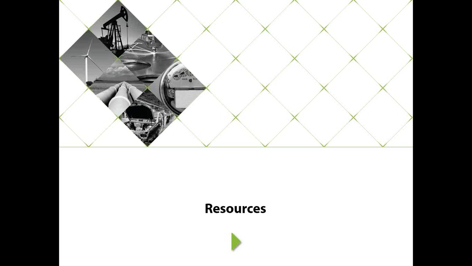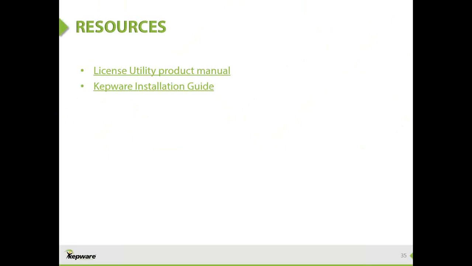Okay, so those are the common reasons for a license not working. Nearing the end of my content here, the last thing I'll give you is some resources. So the License Utility Product Manual, you can use that to walk you through the license utility so you understand everything that's there and how it's used.